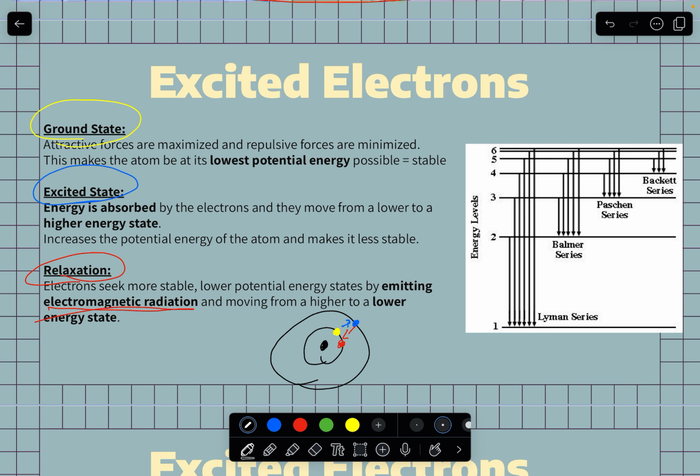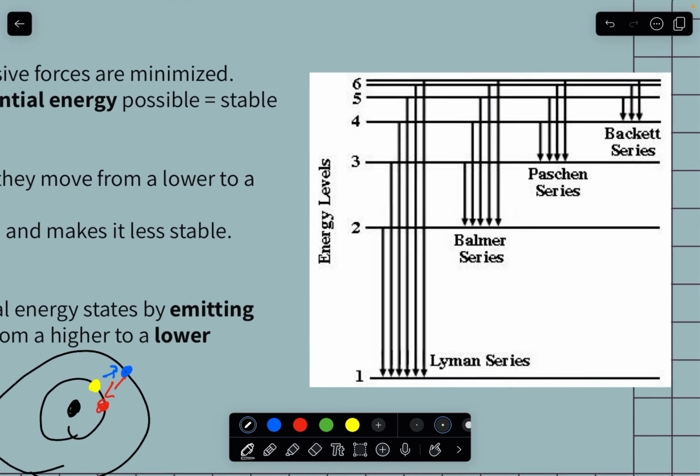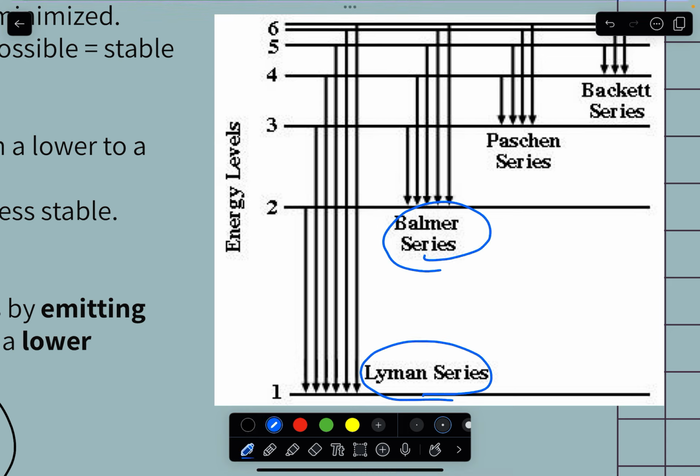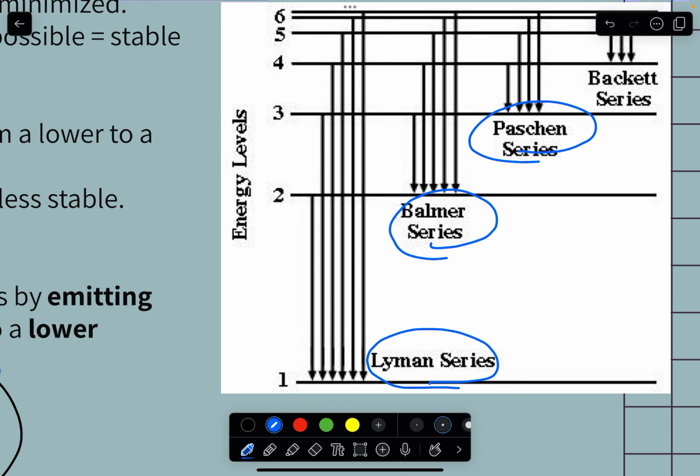So with excitation and relaxation, this image here on the right is important to understand. You need to know the Lyman series, Balmer series, and Paschen series. Essentially what this shows you is that the Lyman series is relaxation going to the first energy level, right? These numbers on the left are the energy levels. Balmer series goes to the second energy level, and Paschen goes to the third energy level from wherever it was at originally, okay?